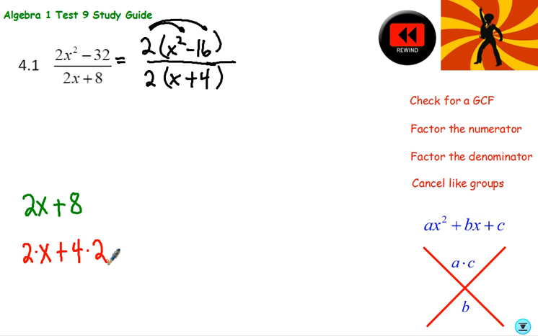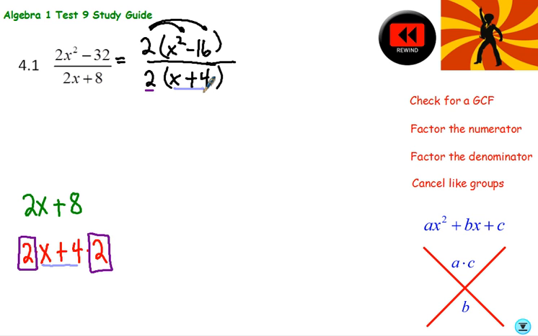And then I say, well, what do they have in common? They have a 2 in common, so that's how we ended up with the 2 on the outside. And then what they have left over is this part in the middle, this x plus 4. So that's where the x plus 4 came from right there. So that's one way for those that are maybe a little more visual and need to see it that way. That's another way that you can take a look at it.